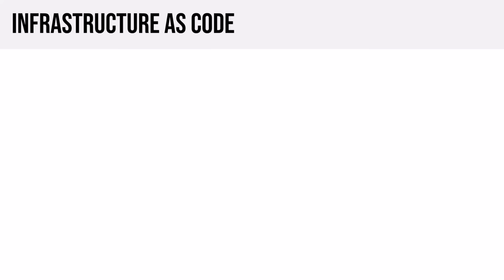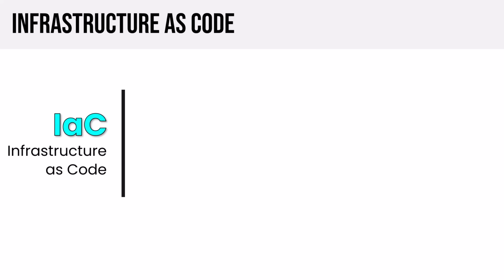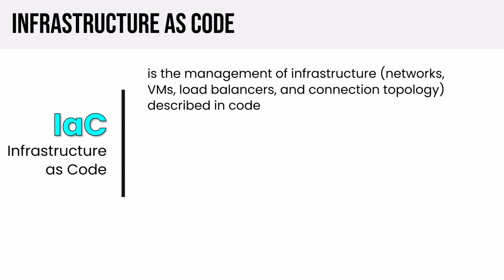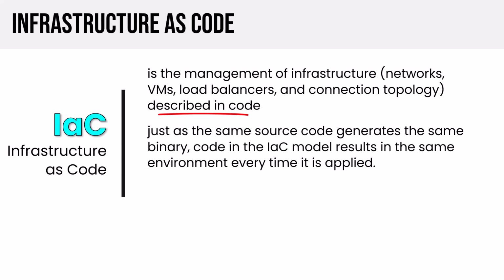And then we have infrastructure as code, which is the management of infrastructure, be that networks, VMs, load balancers, connectivity, described in code. So just as the same source code generates the same binary, code in the infrastructure as code model results in the same environment every time it's applied.